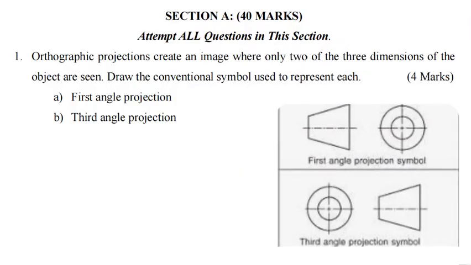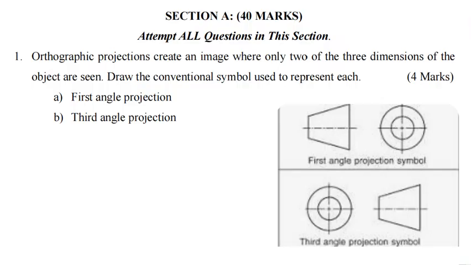So for the symbol for the first angle projection, we shall notice that this one here is the front elevation, and this is the plan of a cone, a truncated cone. So that would mean that this is on top and this is below. Same to this arrangement in the third angle projection, that we have the plan on top of the front elevation.